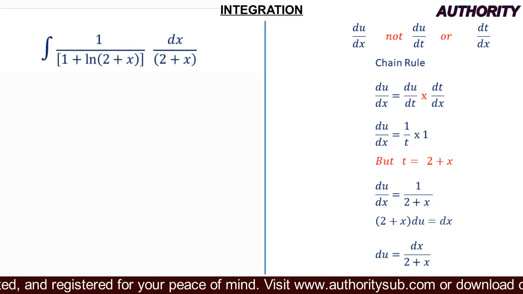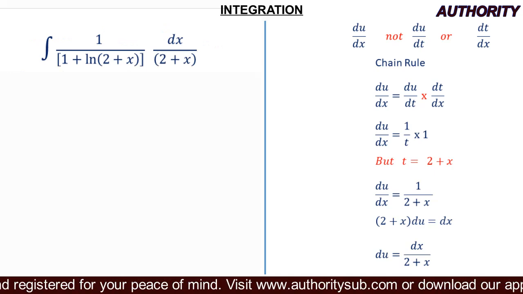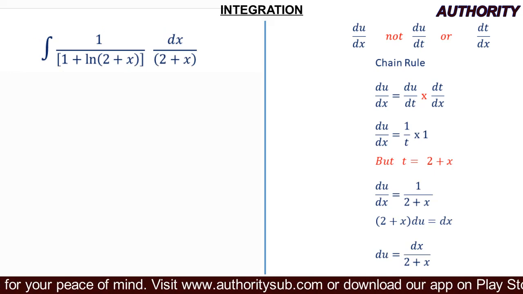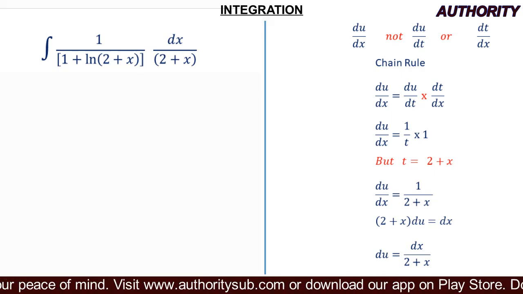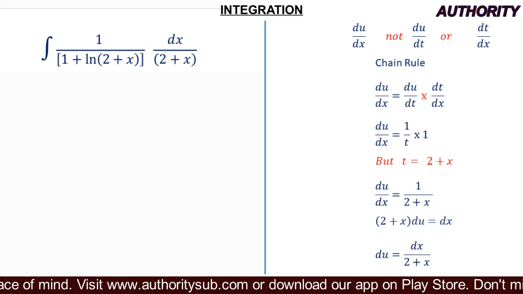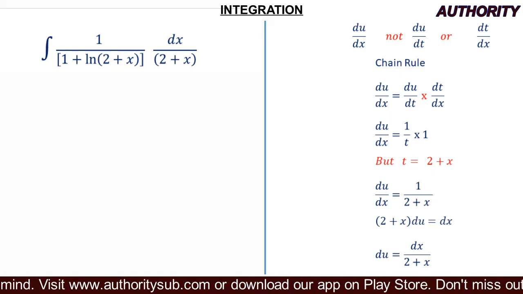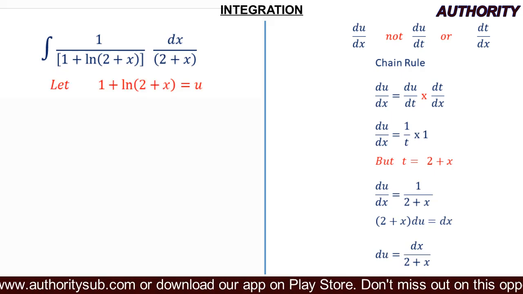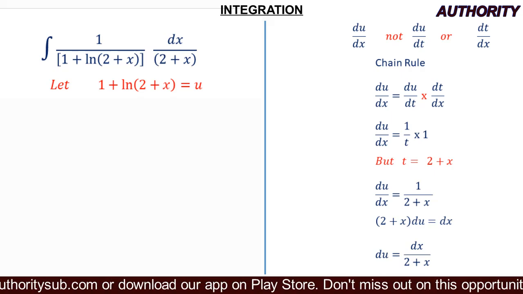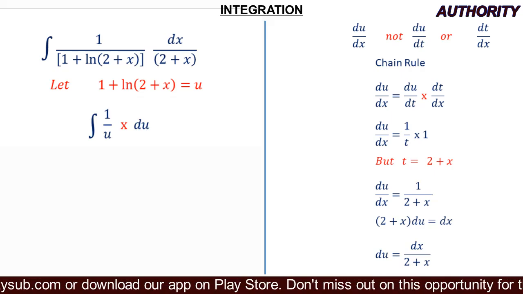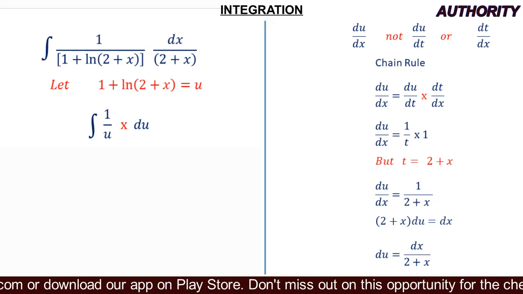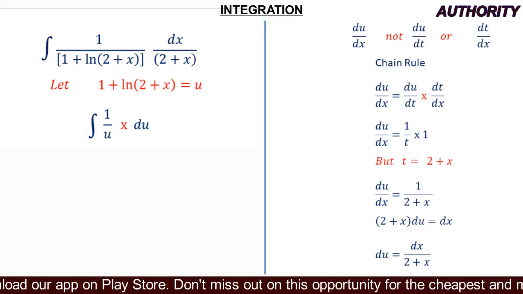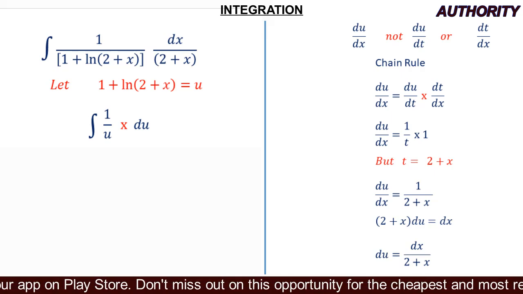Here we have the integral of 1 over (1 plus ln(2 plus x)) times dx over (2 plus x). Let's make our proper substitution. Remember, we said let 1 plus ln(2 plus x) be called the letter u. Let's replace it here. We are going to have the integral of 1 over u times, as we just solved, dx over (2 plus x), which is the same as du.